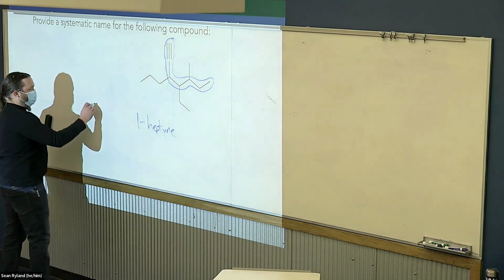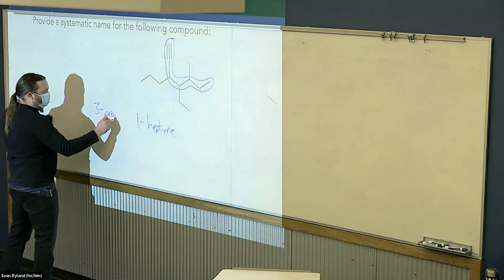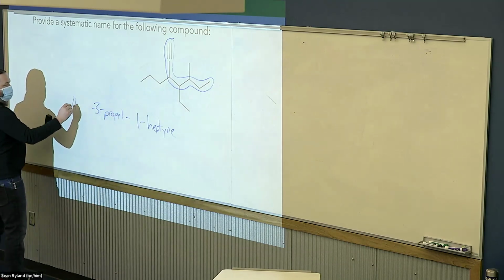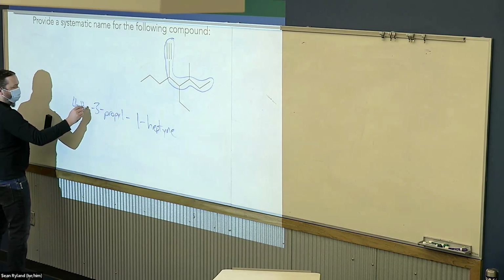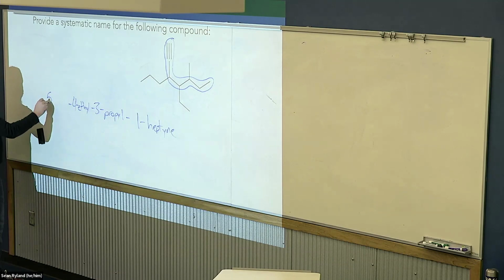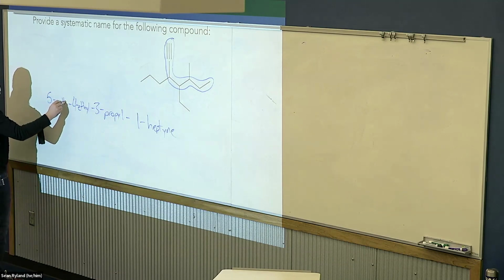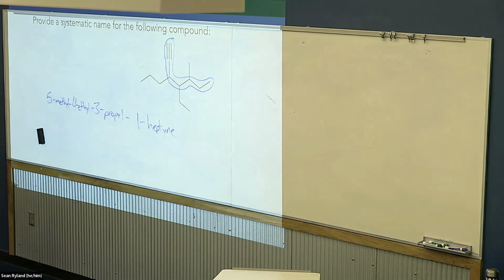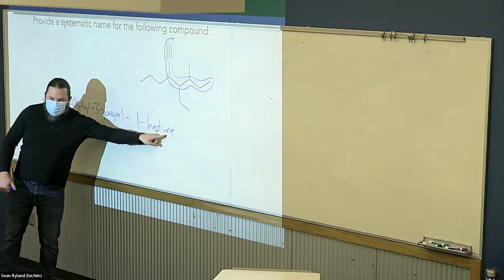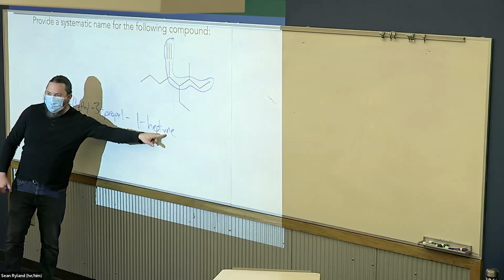So 3 propyl. 4 ethyl. 5 methyl. And just a reminder, the number that we care about keeping the lowest is the one that gives our molecule its primary name.